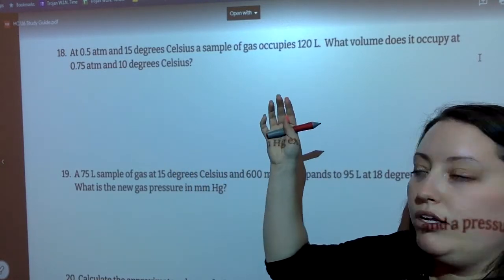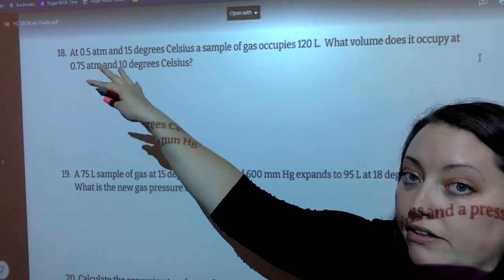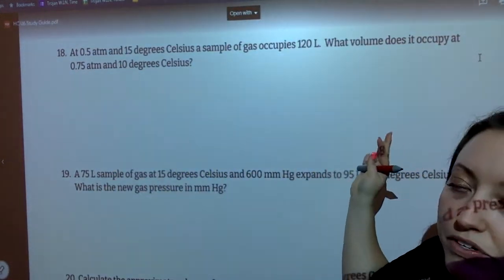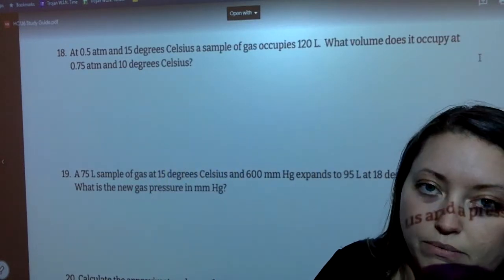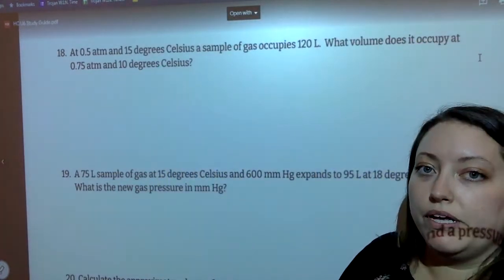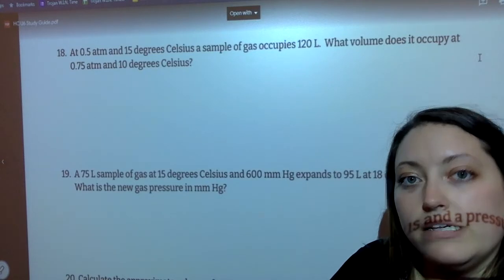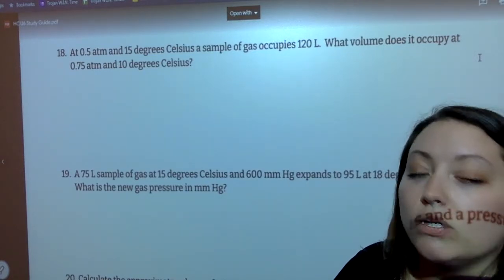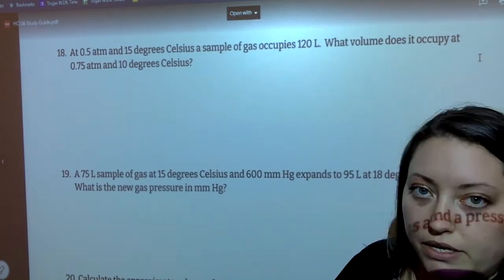So this is telling you that in the first scenario, it had these properties. Afterwards, we change these things. What's the missing variable? Ideal gas law is going to be used only when you're looking at a situation that's currently happening. And I'll show you the difference whenever we get to that.